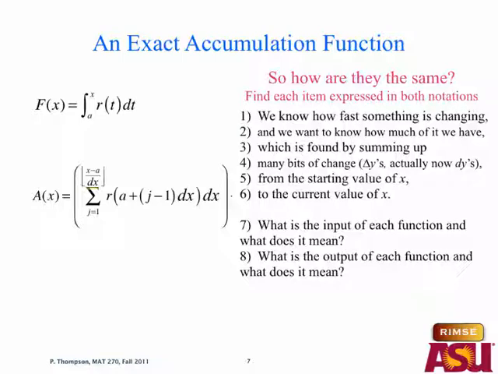How does that show up in the summation definition of the function? So for the first 6, you're going to talk through how each of those ideas or entities shows up in each function, and then separately answer these last 2 questions, 7 and 8. So take about 5 minutes to talk through how these two are the same in their parts, right? How they're the same.